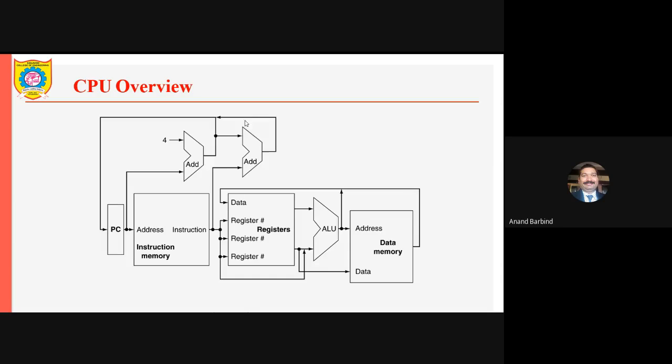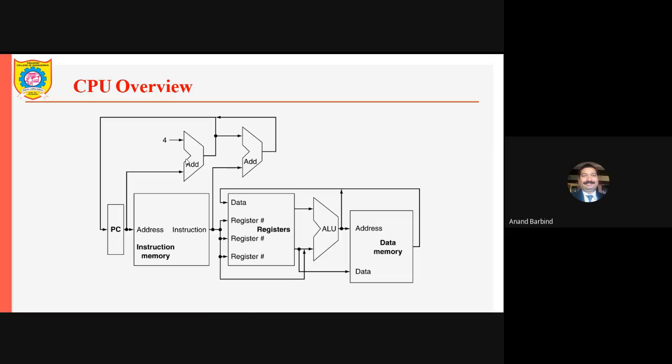In addition to this, there are two adders, and these two adders are used to calculate the next address that will be stored into the program counter. Program counter, that is PC register, always contains the address of the next instruction to be fetched from the instruction memory. Usually 4 is added to the current address, and the contents of PC are incremented by 4 to point to the next instruction.